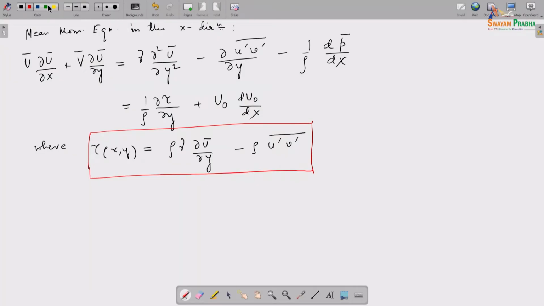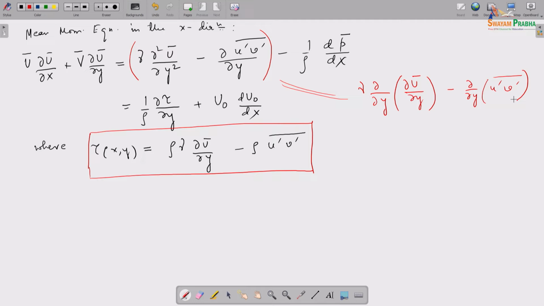Now the tau is what I did here. This is the term, so I can also write that as nu del del y of, minus del del y of u dash v dash.